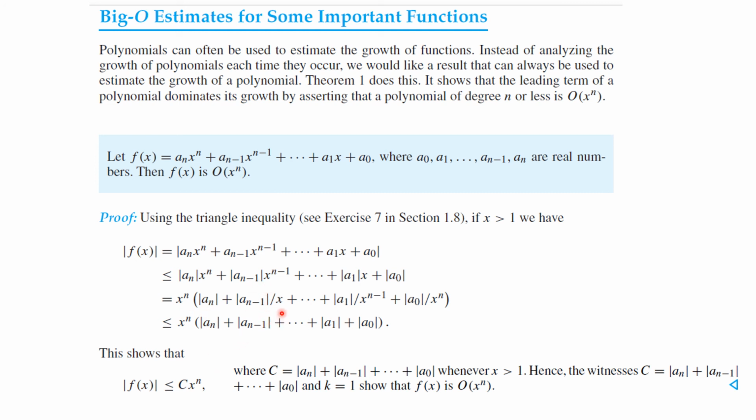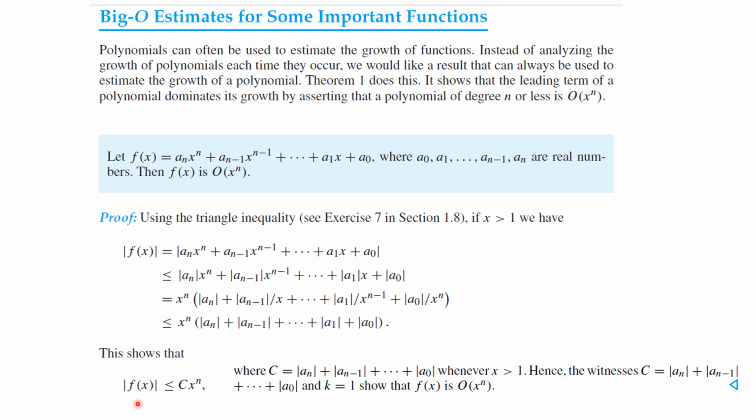Here, I'm dividing by numbers that are greater than 1, so all of these terms are dominated by the absolute values of a sub n minus 1 through a sub 0. So this is less than or equal to that.